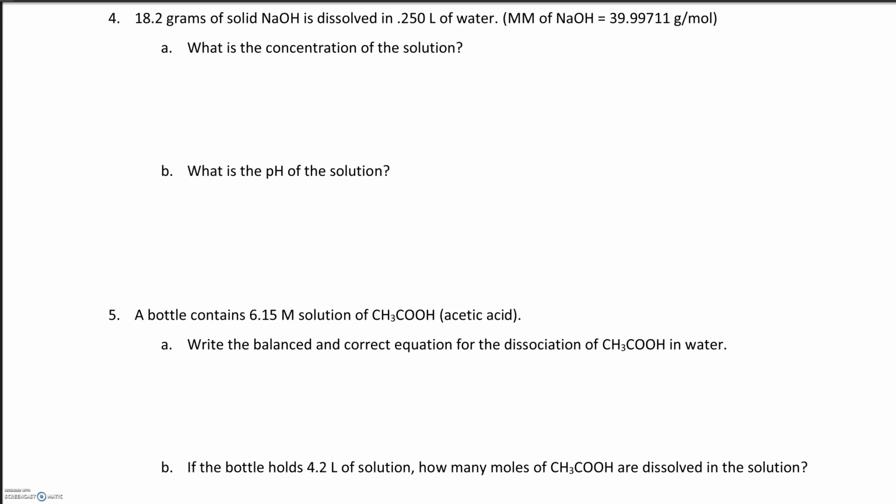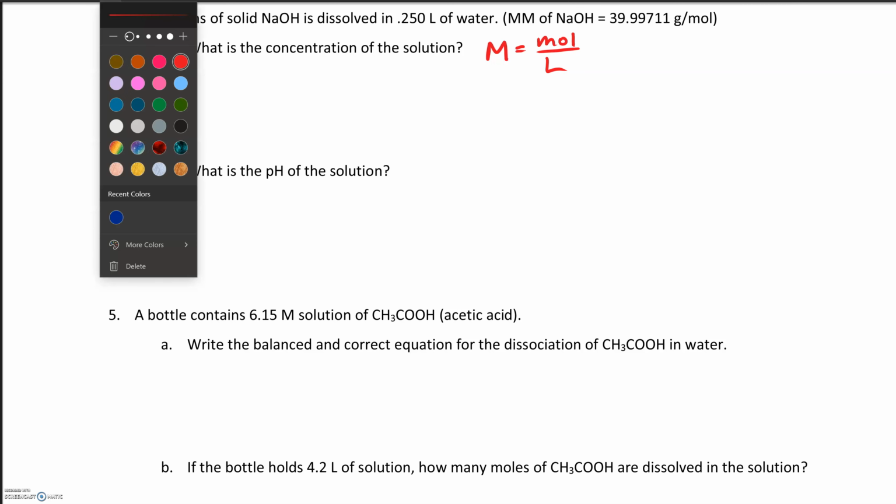Now, as simple as it is, we need to use the equation. What we know that associates with concentration is that molar concentration is equivalent to moles over liters, which just means that we have to do this calculation. I'm going to switch my pen to a slightly thinner one.